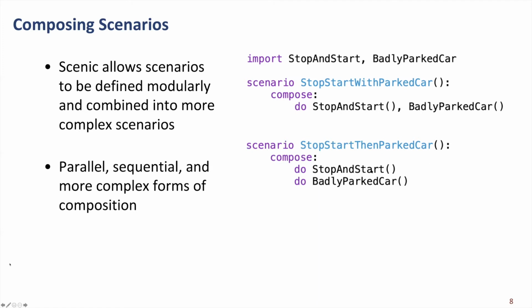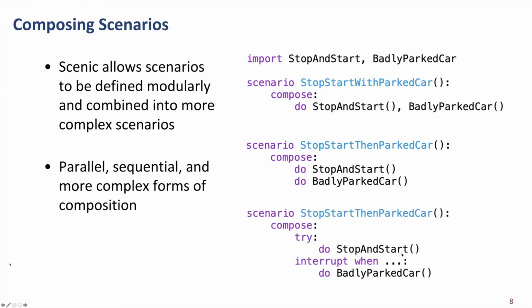So do the stop and start scenario followed by the badly parked car scenario. And you can do more interesting things as well, like maybe start out with the stop and start scenario, but under certain conditions, switch to the badly parked car scenario. So this makes it easier to build fairly complex scenarios by reusing elements that you've previously defined.